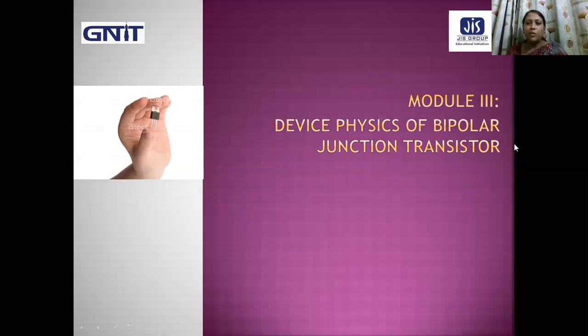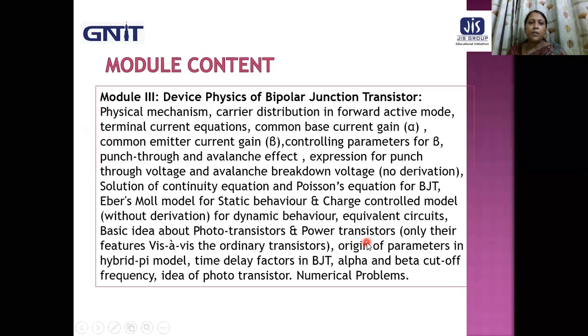This is Module 3, Device Physics of Bipolar Junction Transistor. Module 3 depicts the physical mechanism, carrier distribution, common base current alpha, beta, Ebers-Moll models.